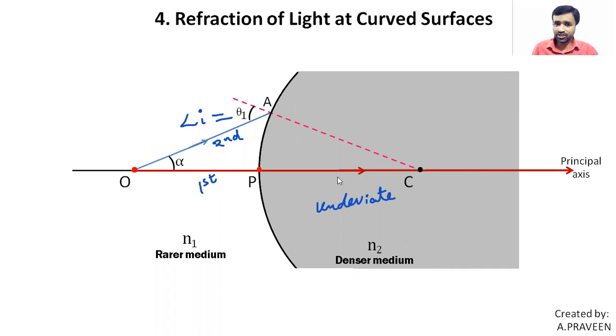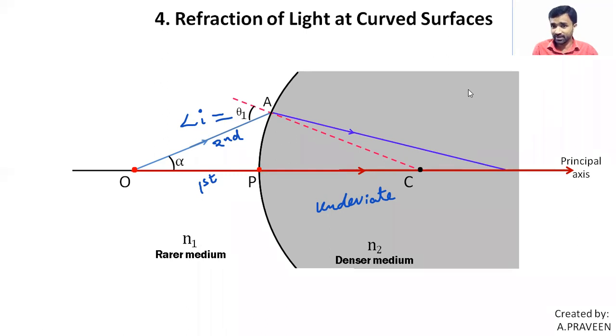So the direction of propagation is from rarer to the denser medium. If any light ray propagates from rarer to the denser medium, irrespective of its surface, it deviates from its path and bends towards the normal. So the light ray after refraction bends towards the normal. Is it clear, everyone?